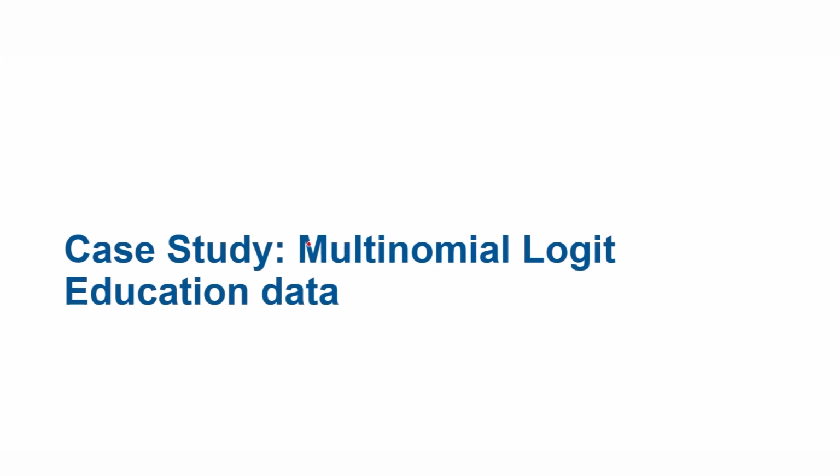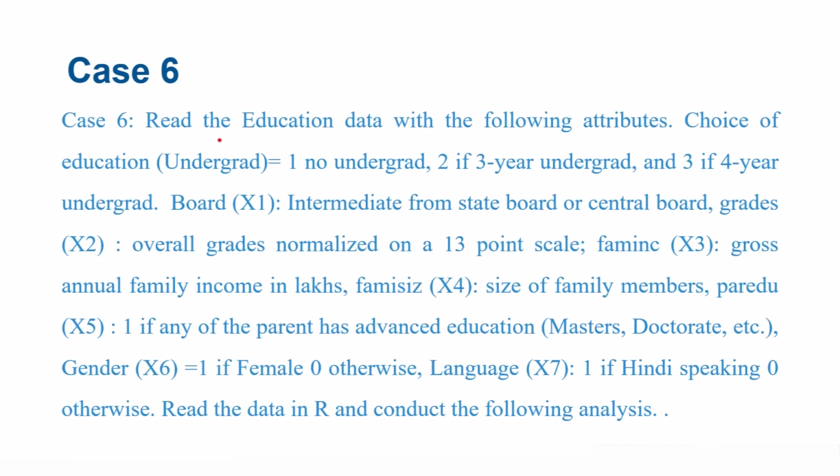In this final sixth case study, it is a multinomial logit case study on education data. In this case 6, first we'll read the education data. The data has the following attributes. First, the choice of education or undergraduation: 1 if no undergrad, 2 if 3-year undergrad, and 3 if 4-year undergrad.